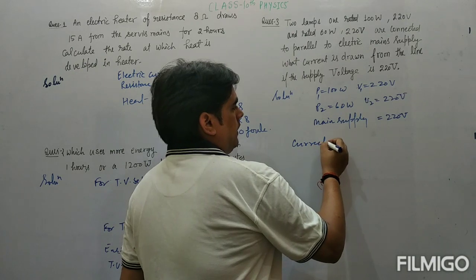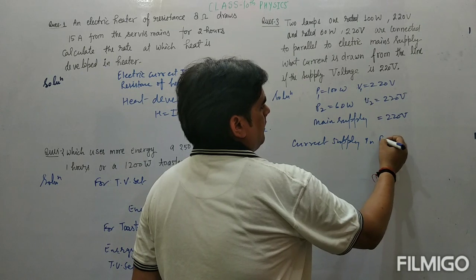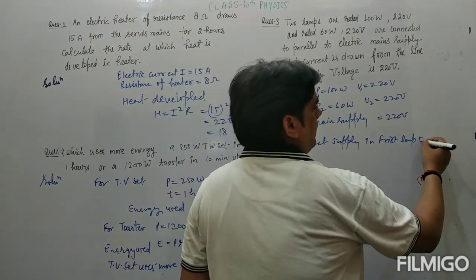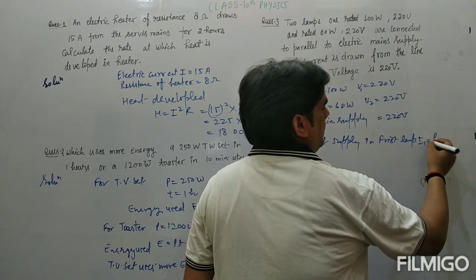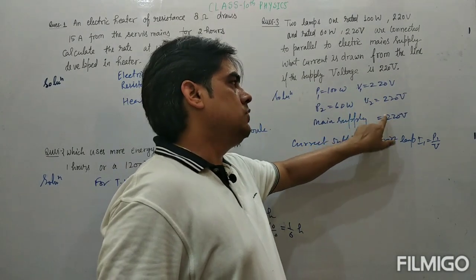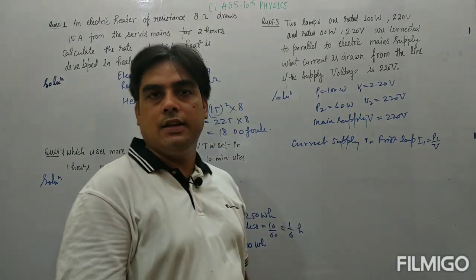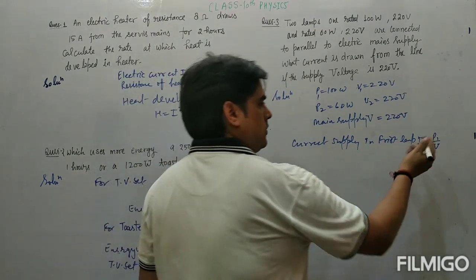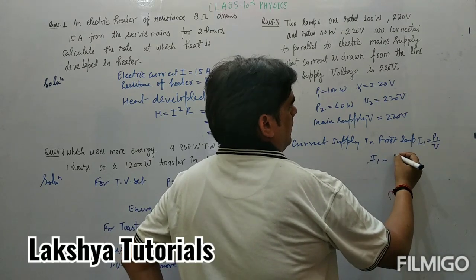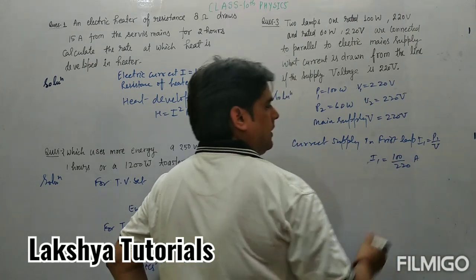So current supplied in the first lamp I1 is equal to P1 by V. Here this V is used because appliances work on the supply voltage. So I1 is equal to P1, which is 100, upon 220. We will write this in ampere.